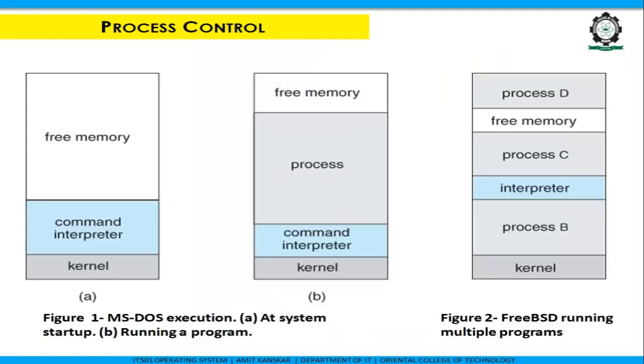Now we discuss each category of system calls one by one. First of all, we discuss process control. Process control system calls include end, abort, load, execute, create process, terminate process, get process attribute, set process attribute, wait for time or event, signal event, and allocate and free memory.